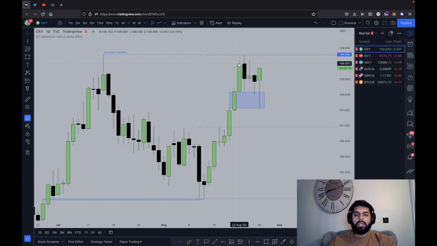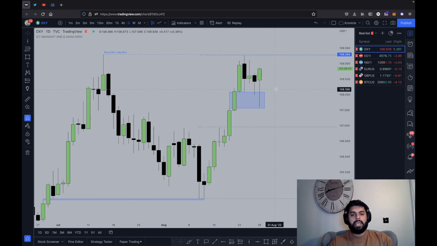We've got relative equal highs here on the daily, and a swing high was created. We saw price retrace back into this fair value gap on the daily, pretty much fill it, and we've seen a bullish reaction from this morning's price action.